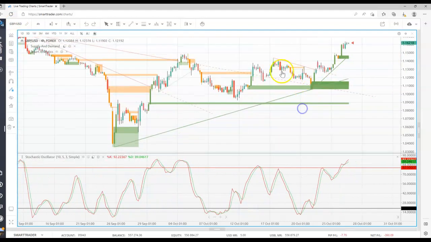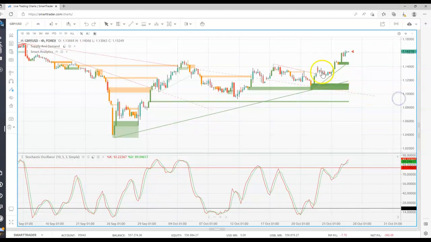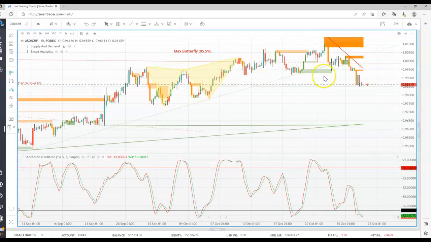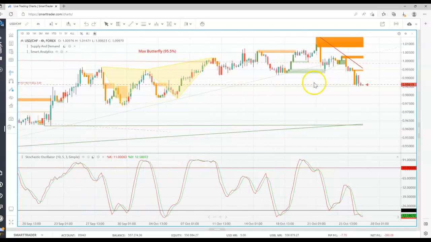Here is a channel. Price broke above the channel. That was your entry. So all these trades that were taken this week against the 376 pips since the beginning of probably what day was that? October 25th. And then the USD Swiss sold off.